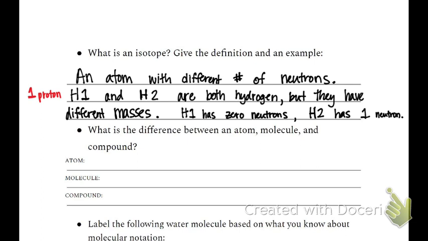It's one single element. So pick an element. Is zinc just Z or is it Zi? Zn, excuse me. So an atom of zinc is just one thing of zinc by itself, okay?